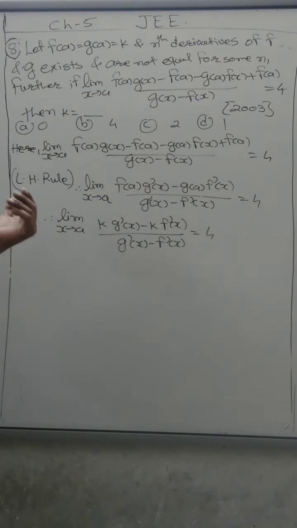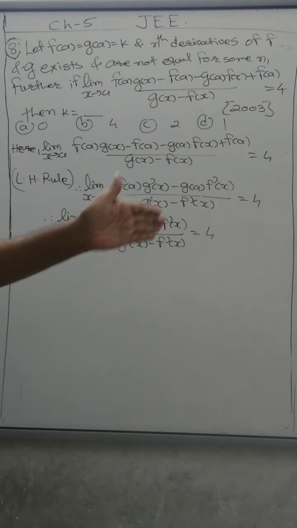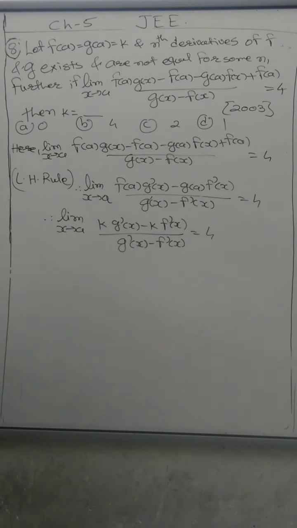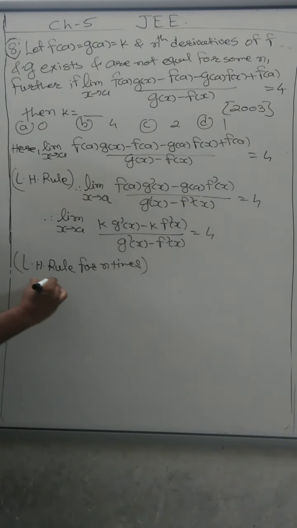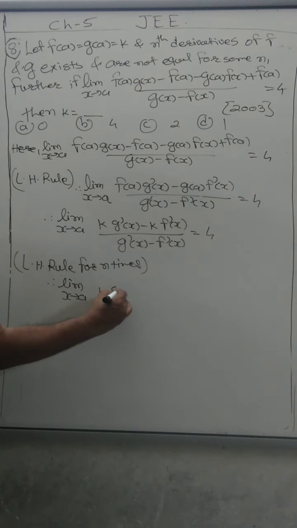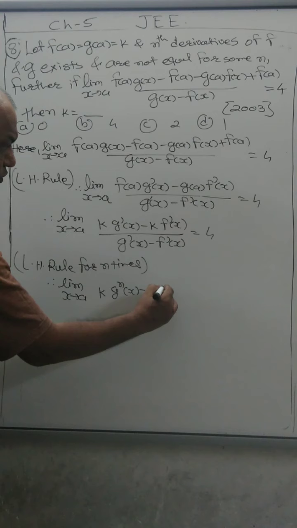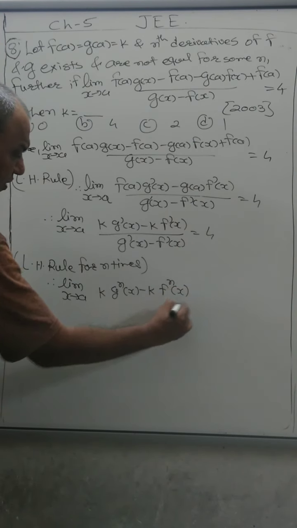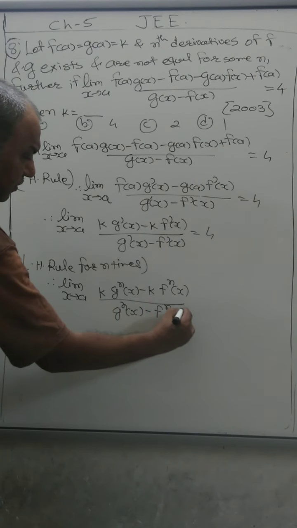Now the answer is directly obtained, but here nth derivatives can exist. So we continue this L'Hospital rule for n times, and we get limit x tends to a of k g raised to n x minus k f raised to n x upon g n x minus f n x, which is 4.